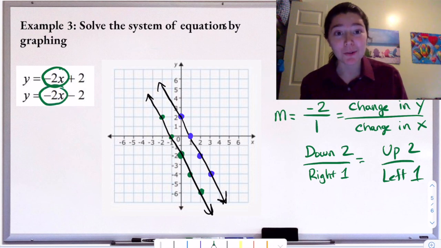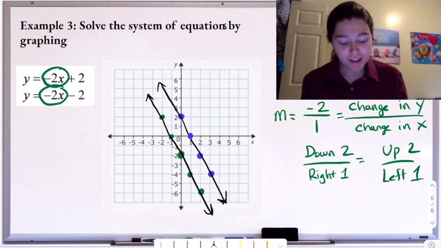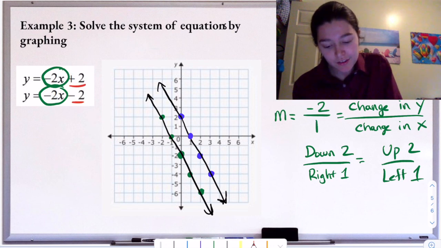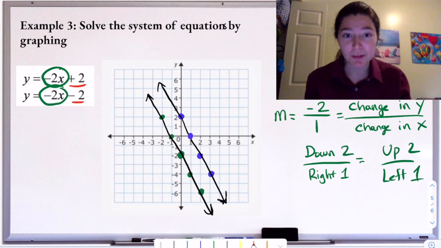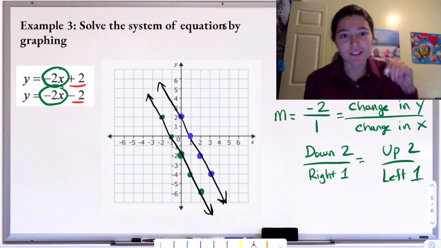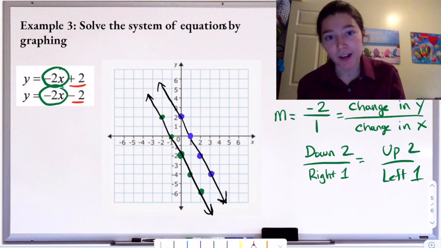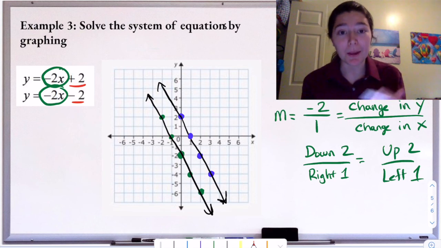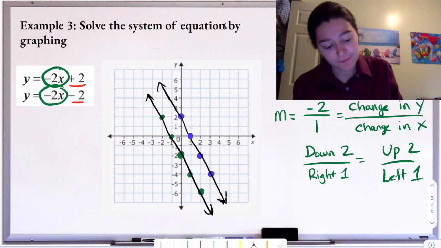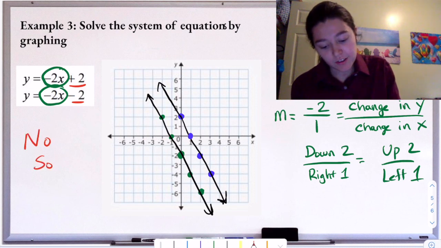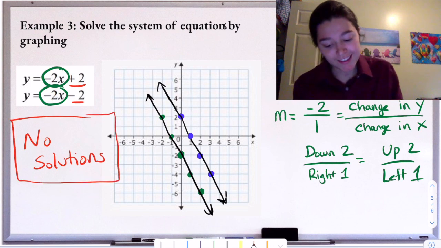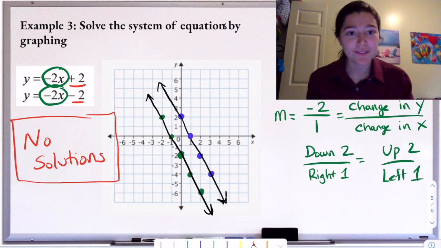X has the same coefficient, negative 2, but then I have different y-intercepts, so they start at different places but move in the same way each time. So they're never going to intersect. There's no value for x or y that's going to make both equations true at the same time. So we conclude that there are no solutions to this system of equations, and the answer is that there are no solutions.